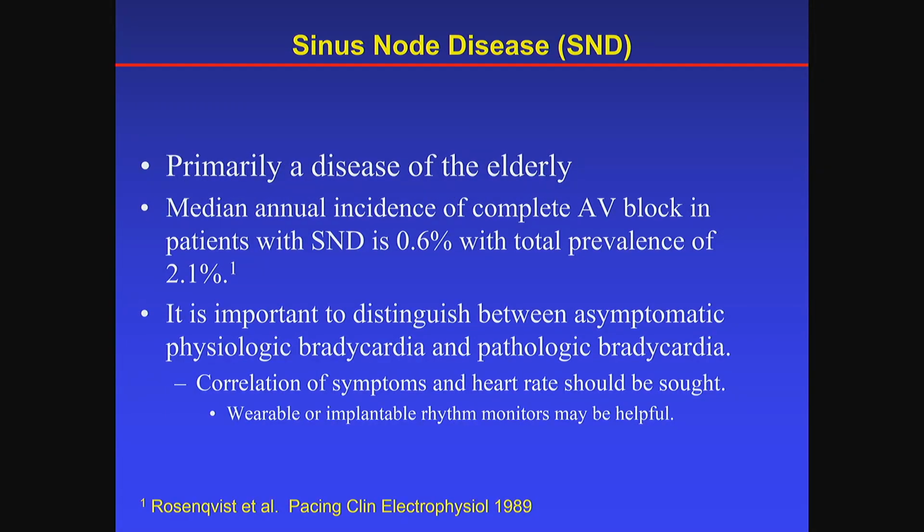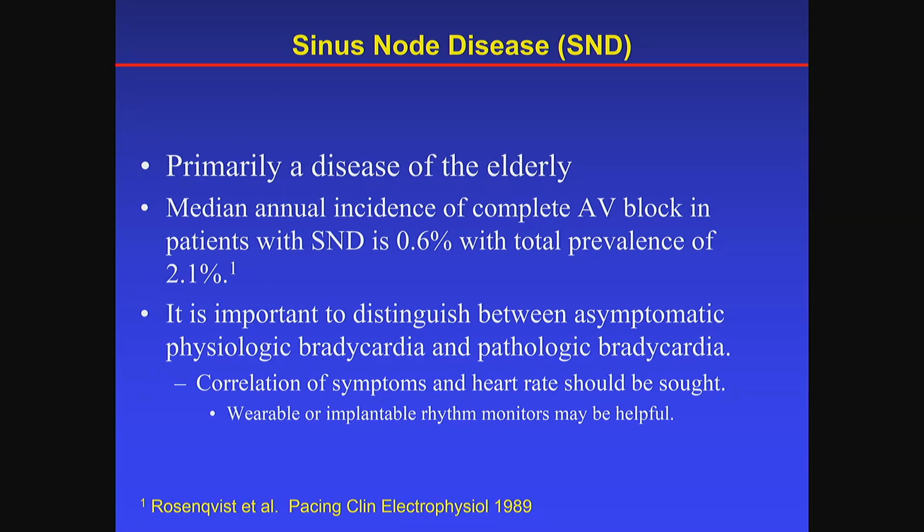Sinus node disease is primarily a disease of the elderly, but it can affect all ages. The median annual incidence of complete AV block in patients with sinus node dysfunction is low, in the range of 0.6 to 2.1%. And therefore, progression to AV block in patients with pure sinus node disease is not extremely common.